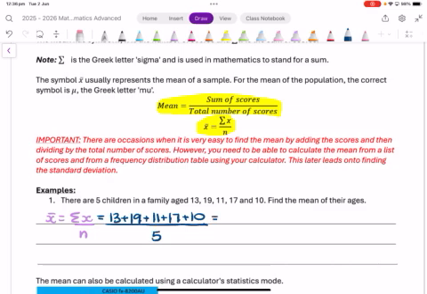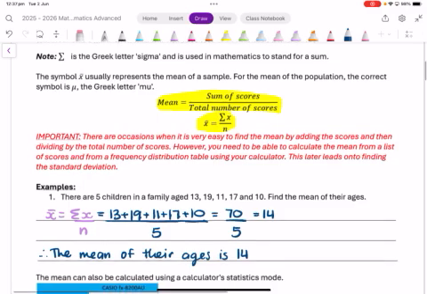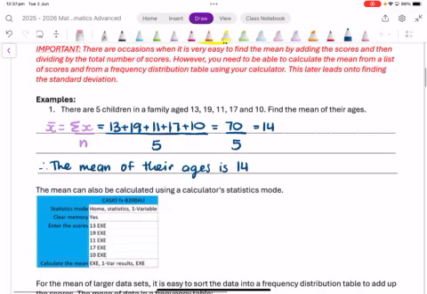We get 70 over 5, which is equal to 14. Therefore the mean of their ages is 14.